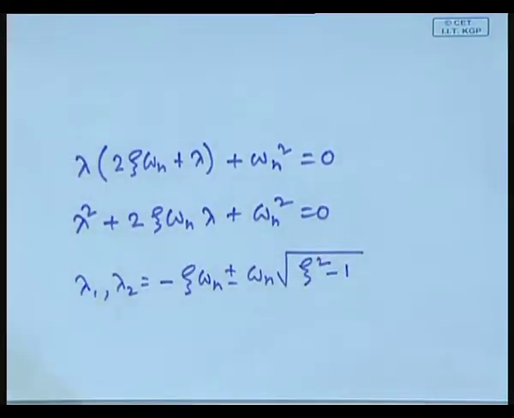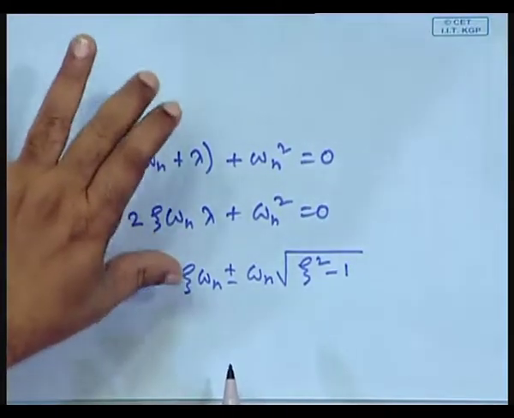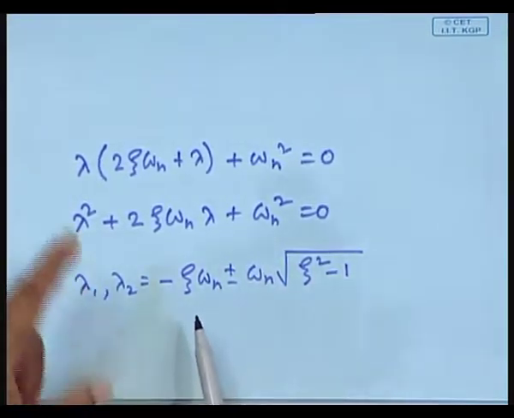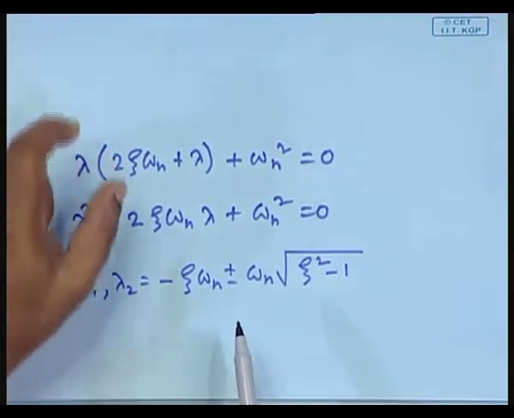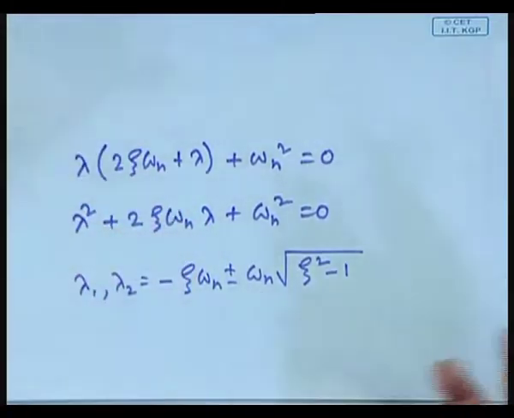These are the two eigenvalues, and we know that for such a set of two first order differential equations, their solution will be given by the character of these eigenvalues. If they are real and distinct, then there will be one kind of solution. Real and equal, there will be another kind of solution, and the complex conjugate, there will be another kind of solution.